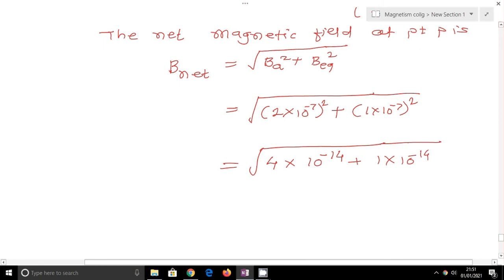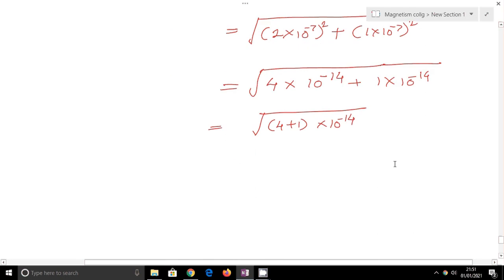Taking 10 raised to minus 14 common, we get 4 plus 1 equals 5, so the square root of 5 into 10 raised to minus 14. The square root of 5 is root 5, and the square root of 10 raised to minus 14 becomes 10 raised to minus 7.